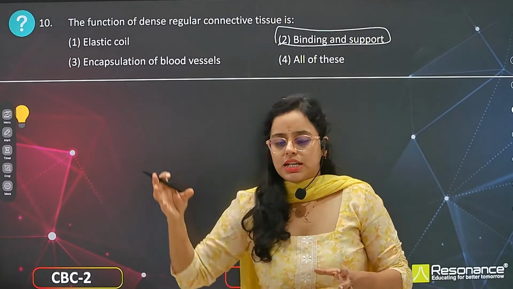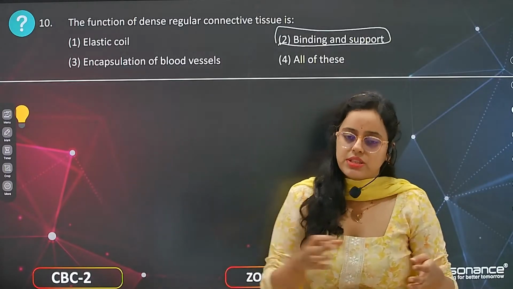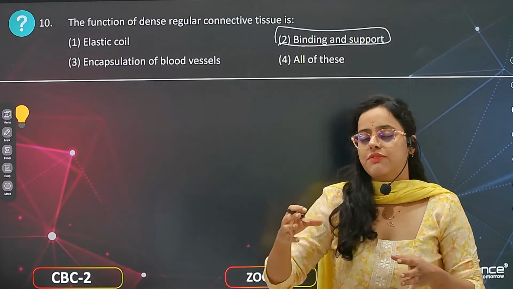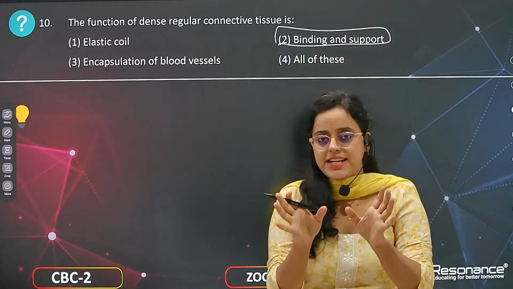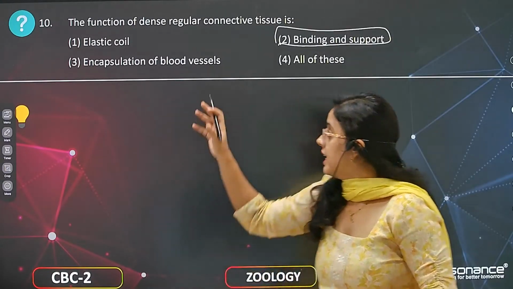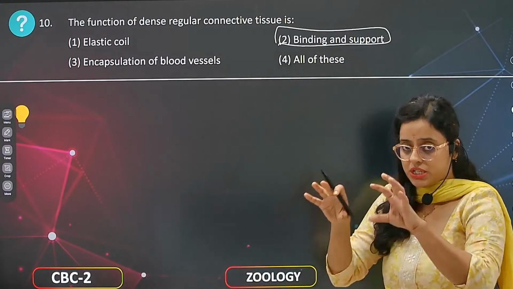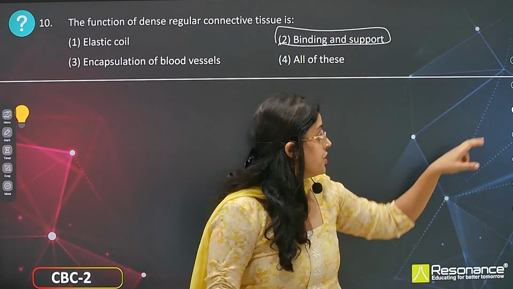The stomach is on the left side, the liver is on the right side. The heart is present partially more on the left side, right? The lungs are present at the center in the thoracic cavity. This is done by dense regular connective tissue, which keeps the organs in their original positions.